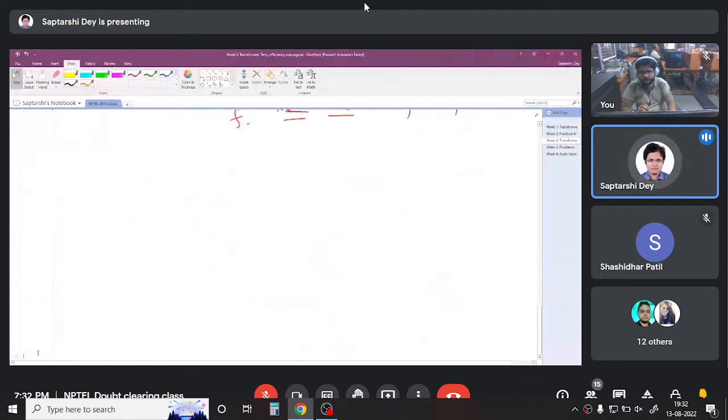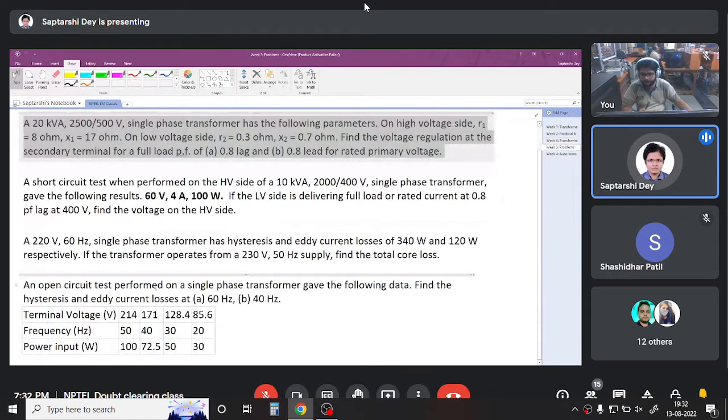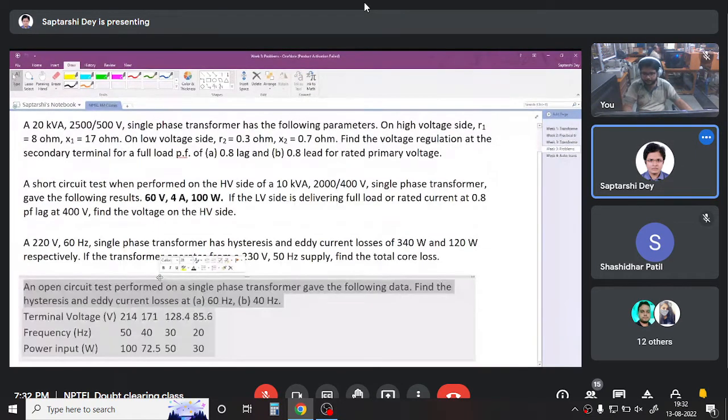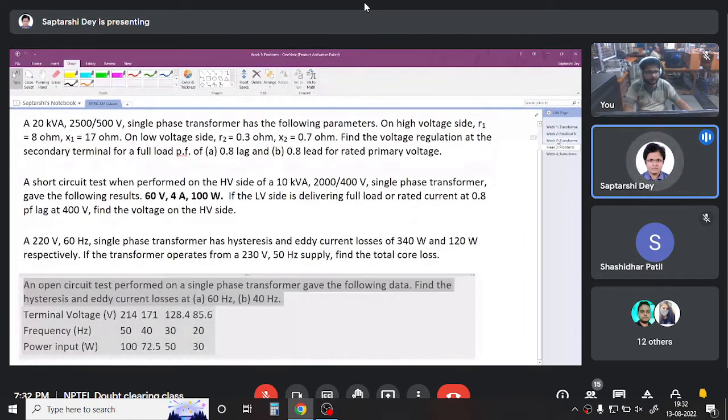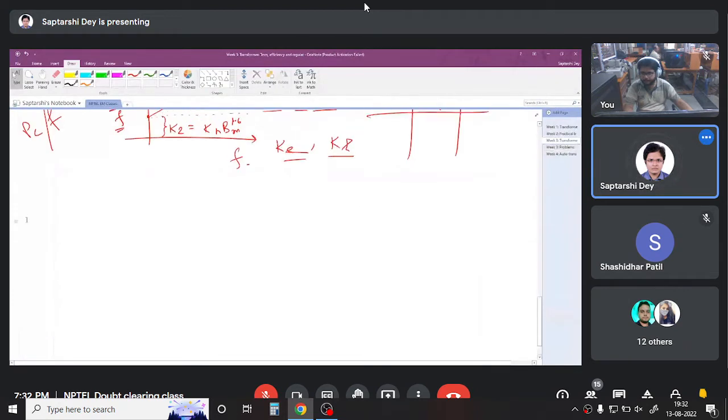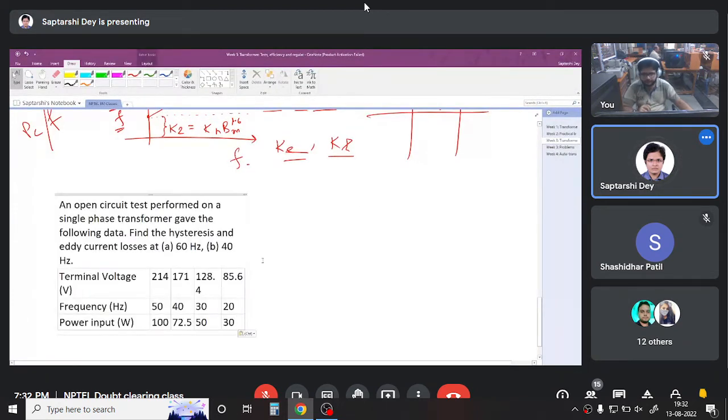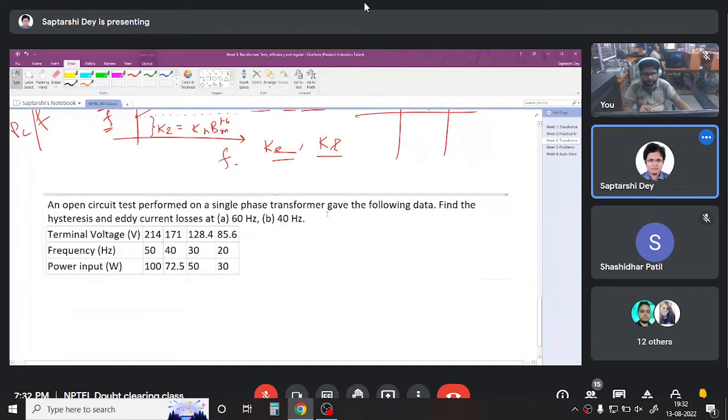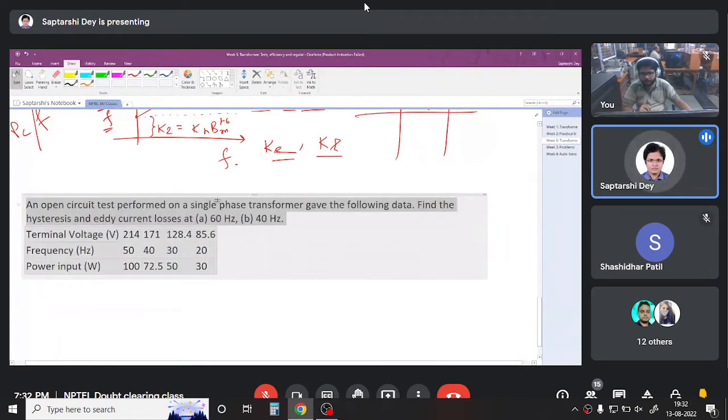Okay, so since we have already talked about this, let us take a problem. Luckily, I prepared this problem for today. Can everyone see this? Read the question first.